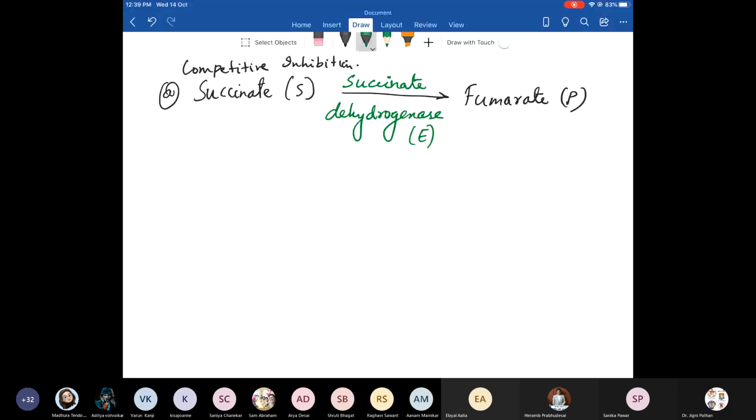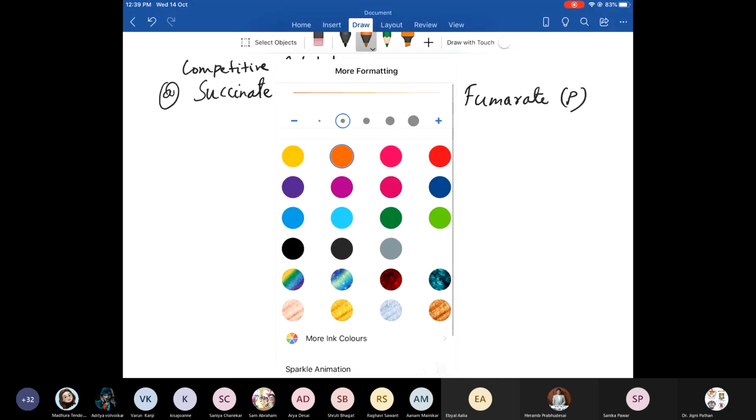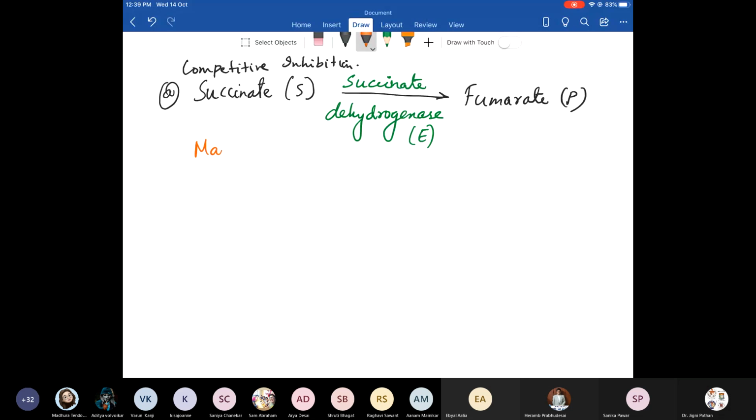The inhibitor is malonate. They'll ask you what the inhibitor for this reaction is, so you should know malonate is an inhibitor. If inhibitor binds to enzyme, you will not get product. If succinate binds to enzyme, you get fumarate, and succinate and malonate are similar in shape. Got the point?